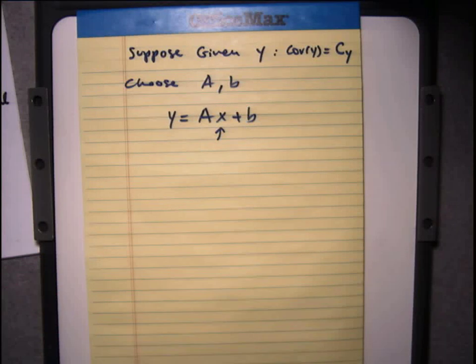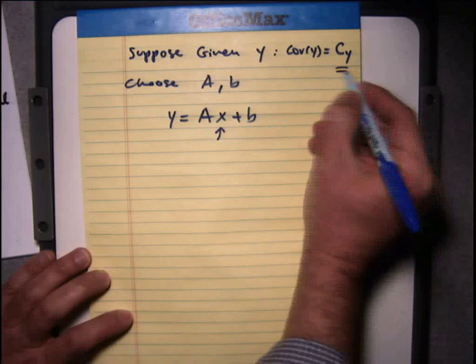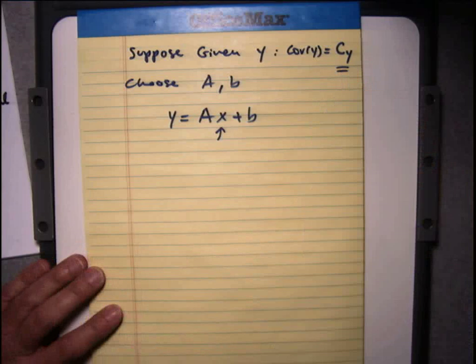Okay? And so this is called basically whitening, which is you take a random variable that you have and you want to produce another random variable from it, which has a covariance matrix which is diagonal. Okay? So basically what you want to do is diagonalize this matrix Cy.